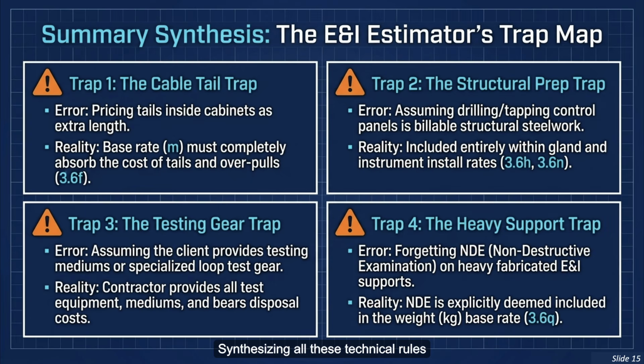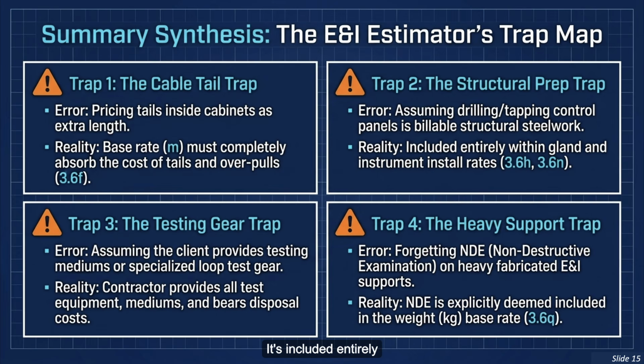Synthesizing all these technical rules actually reveals what we call an estimator's trap map. Basically, there are 4 really common pitfalls where commercial teams lose money. Trap 1 is the cable tail trap. The reality is the linear meter base rate must completely absorb tails and overpulls. Trap 2 is the structural prep trap. Do not assume drilling or tapping control panels is billable as extra structural steelwork.